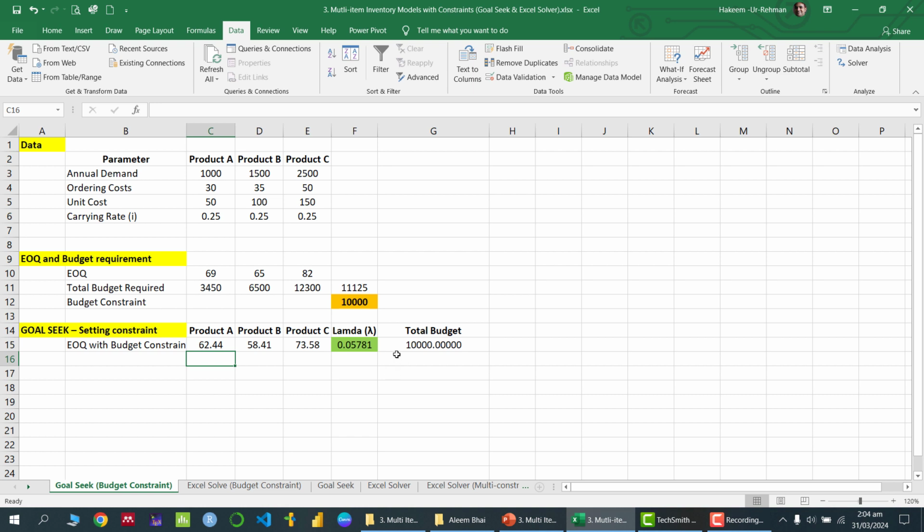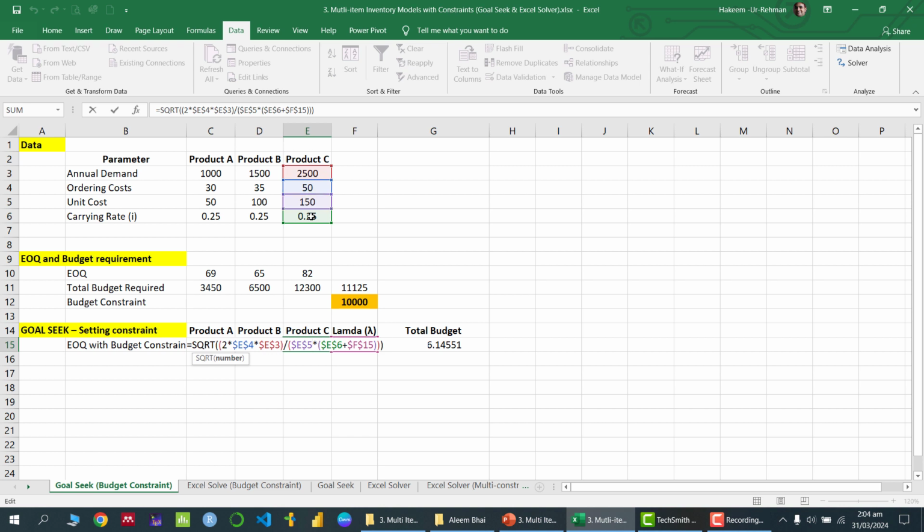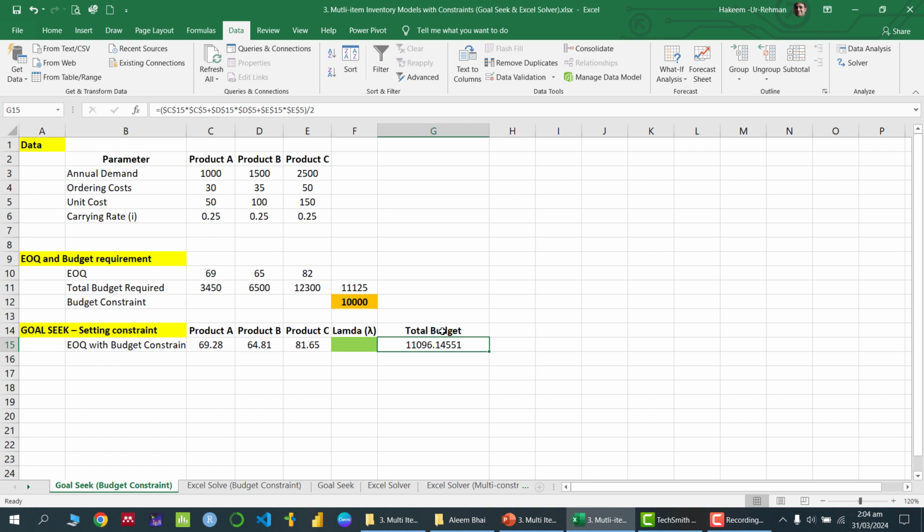So initially let's say we do not have this value, so over here we have to apply this particular formula. The same formula is going to be applied for product B and for product C, but the data obviously is going to change. And for the total budget, this is the order quantity as per the formula, and this should be multiplied by the unit cost.